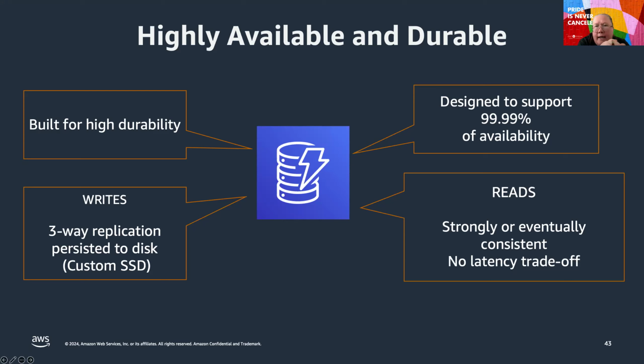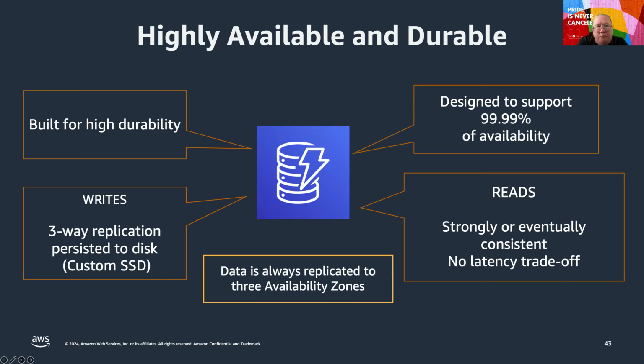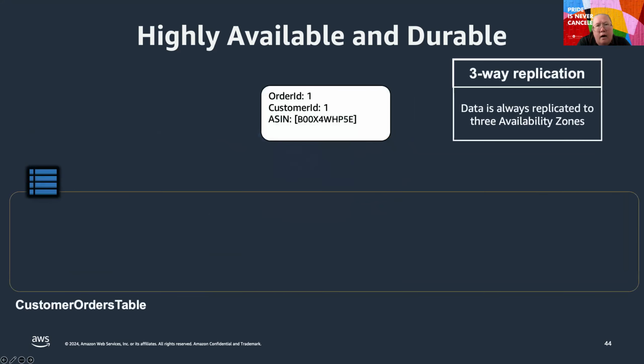Data is always replicated when it comes to DynamoDB, same as Amazon Aurora, across 3 availability zones, making it highly available. Even though nobody will ask you this in the exam, it's a good idea to have a look at it. Let's say that we are doing the customer order. You have your order ID, your customer ID, and what they have ordered, like a product category.